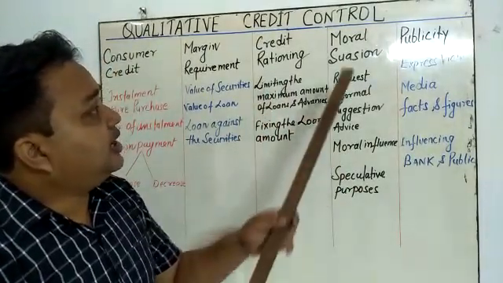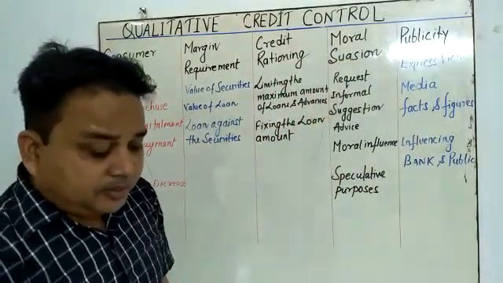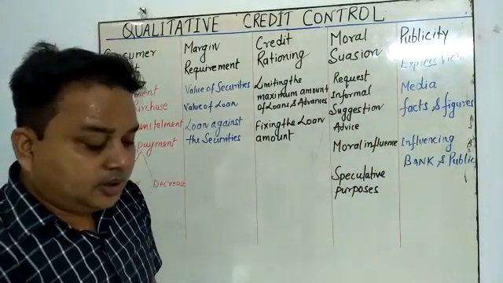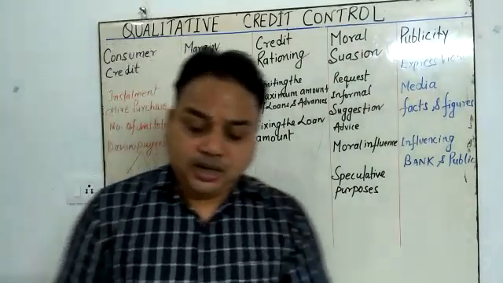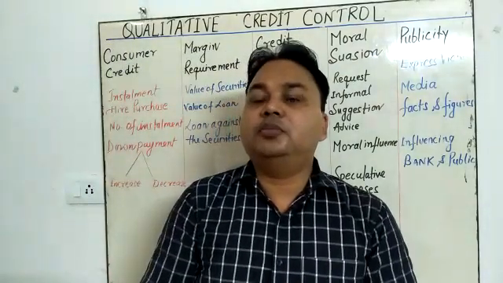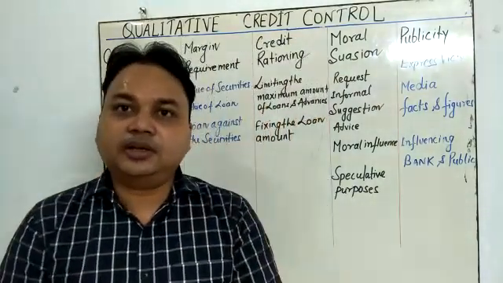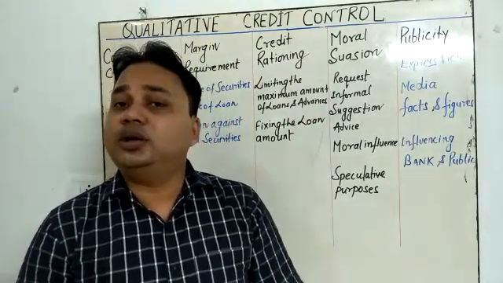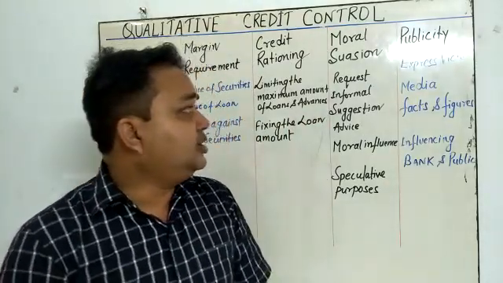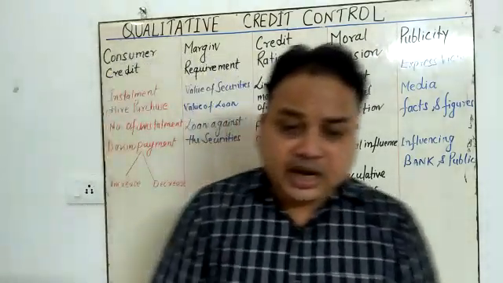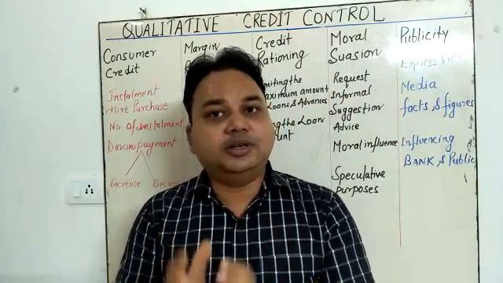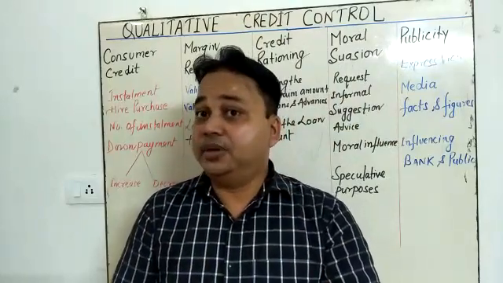Now the next point is moral suasion. My dear student, moral means moral influence. Sometimes RBI or the central bank gives a moral influence to commercial banks as well as the public. What is the moral influence? Sometimes RBI gives suggestions and advice to commercial banks, but it is informal.